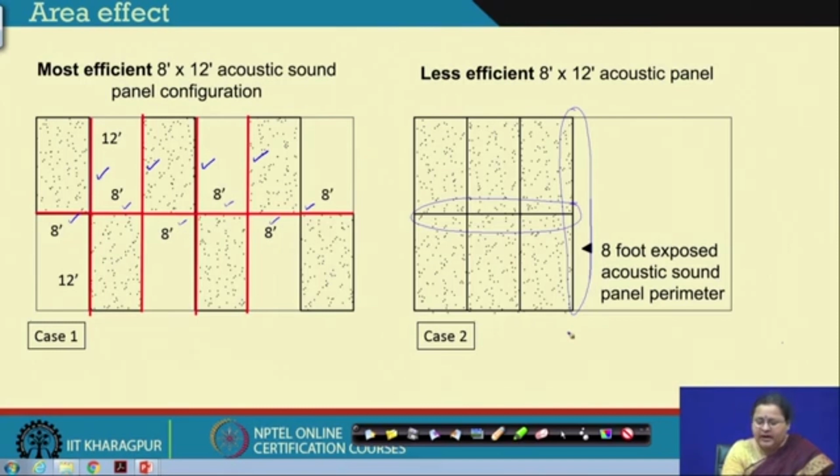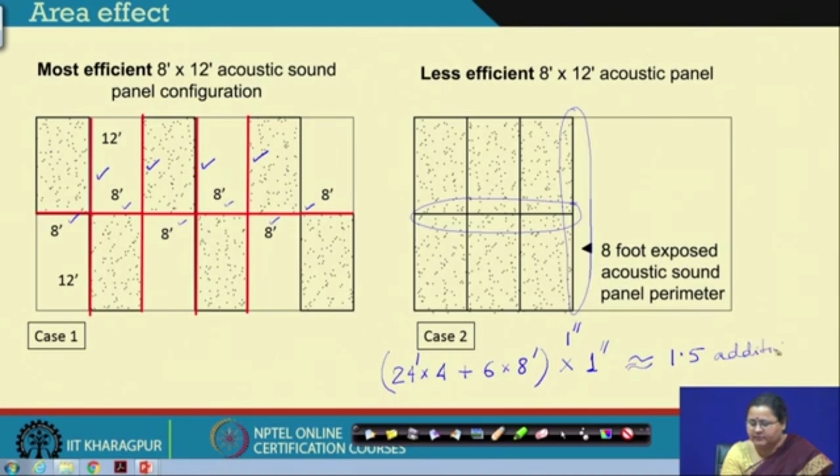If we think a 1 inch absorber is put in here, this is 24 times 4 plus 6 times 8 feet, which is multiplied with the 1 inch of area added, which is equal to almost 1.5 additional panels.